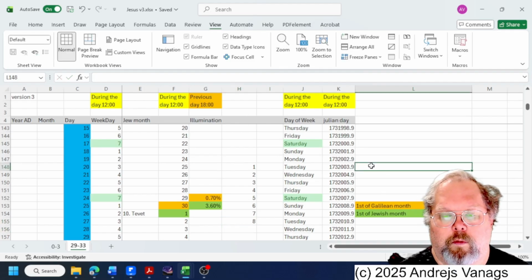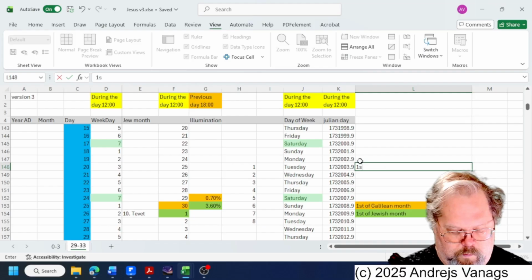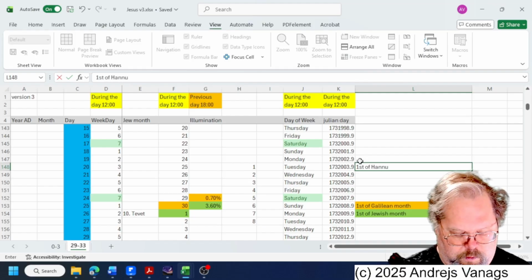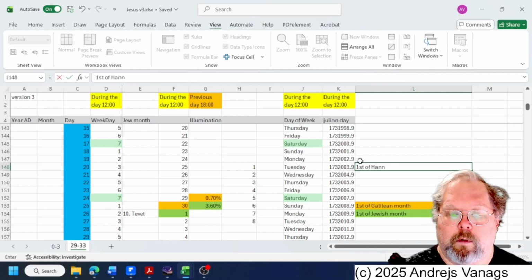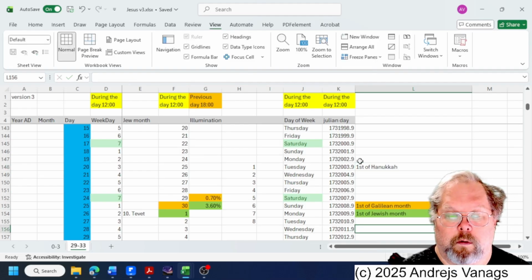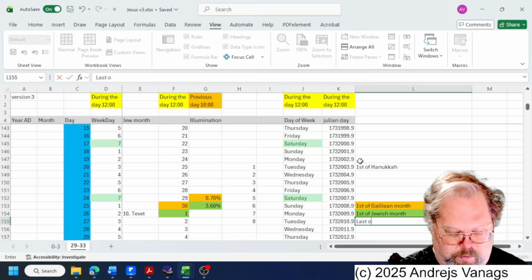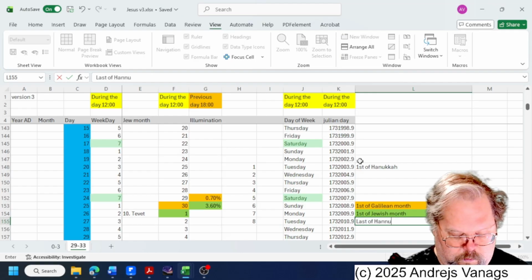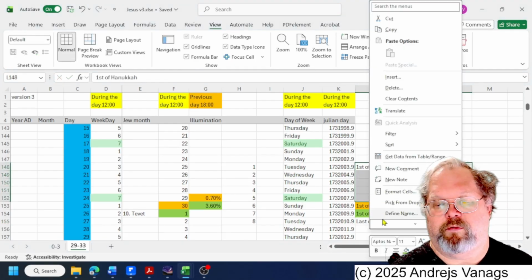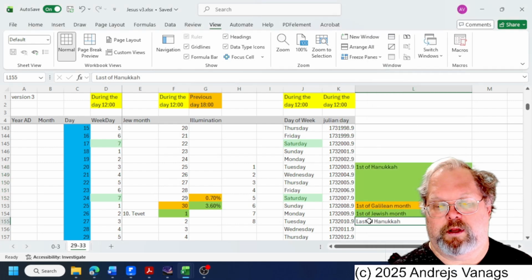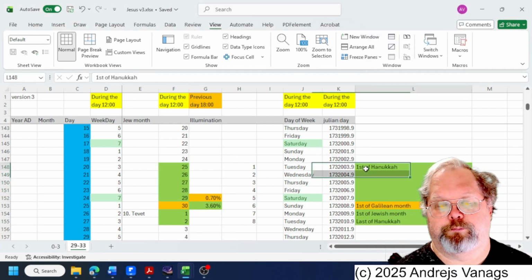So, first of Hanukkah, last of Hanukkah. And these are celebratory days in December.